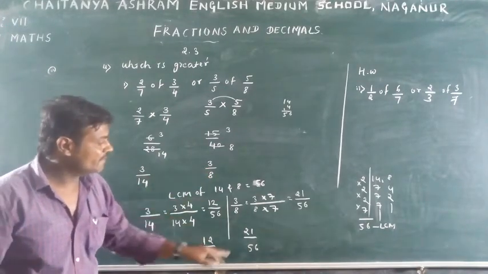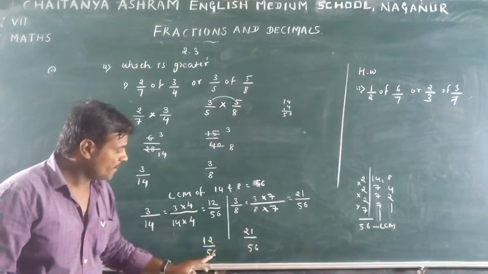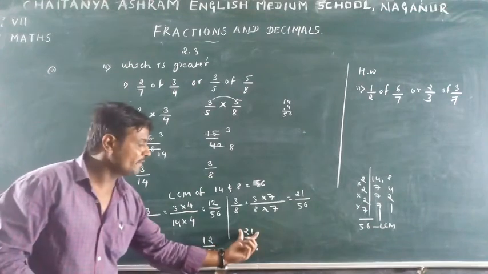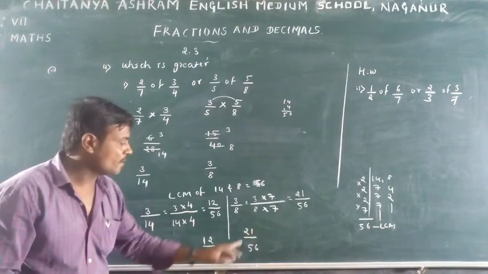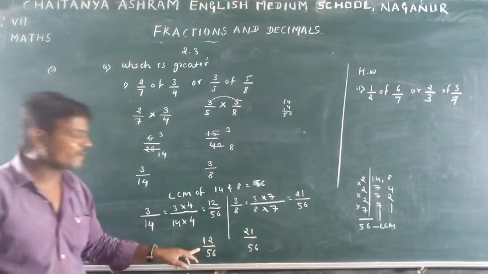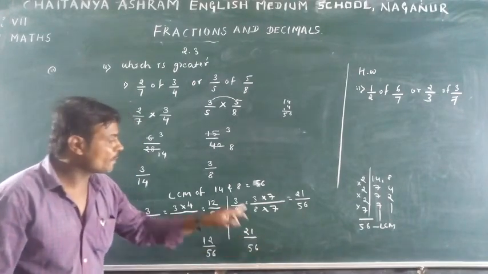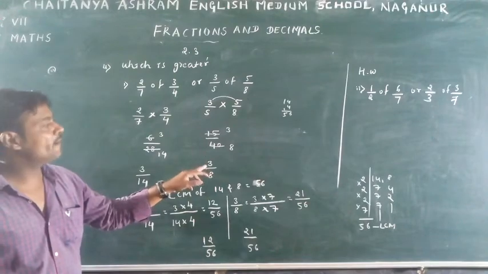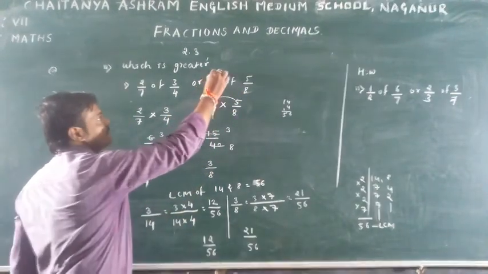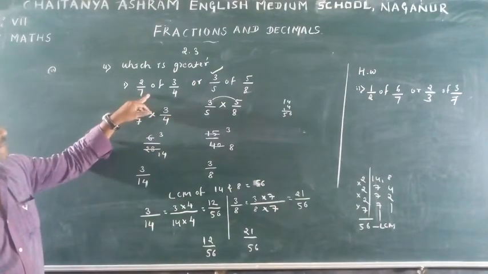This 3 by 8 is the same as 21 by 56. Their denominators are the same, so the one with the bigger numerator is the greater fraction. 21 is greater. This 3 by 8 is from this one, so this fraction is greater than this fraction.